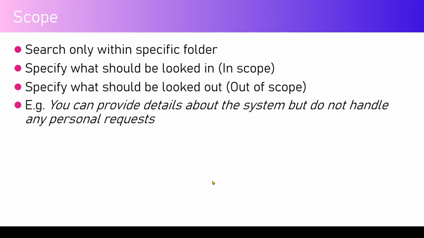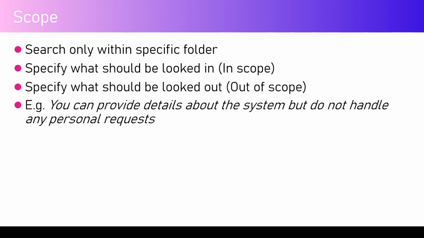Then we have the scope. So search only within a specific folder. Specify what should be looked in, whether it's in scope or out of scope. Within an instruction, you can also specify what content to look at, what content to take in the context while responding to queries, and what should be out of scope.